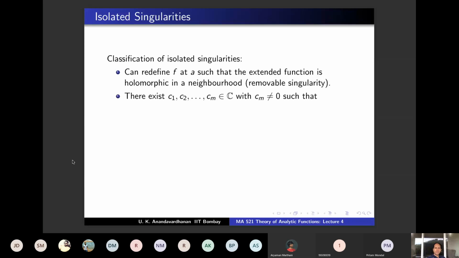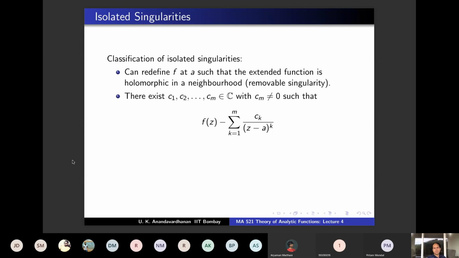Sometimes there may exist finitely many complex numbers c_1, c_2, etc., c_m, non-zero, such that you can subtract from f(z) the summation k going from 1 to m of c_k by (z minus a) to the power k. This is not like a power series, it is like a reciprocal of that.